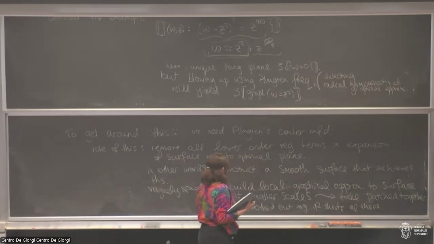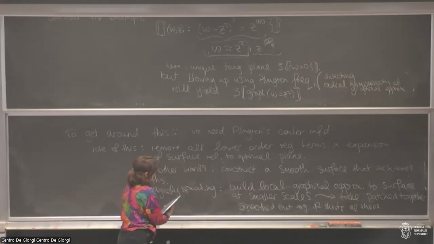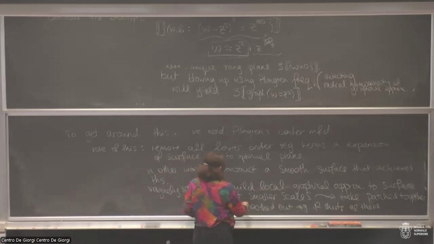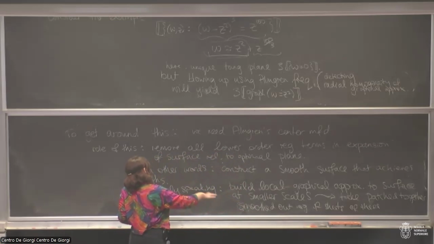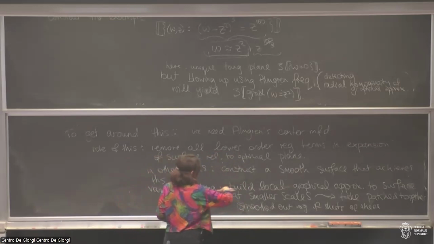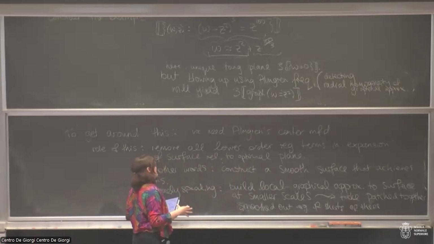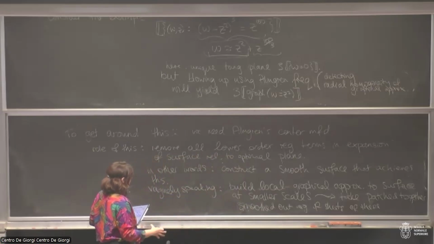Sure, you smooth it out, but you want estimates that do not depend on this smoothing, because you're doing this with a Whitney type decomposition that determines how much you have to localize in different places to build the graphical approximation there.